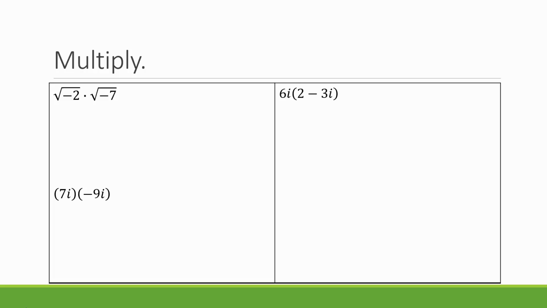In this first example, we have the square root of -2 times the square root of -7. Now, what you cannot do is multiply those numbers as they are and call it the square root of +14. So you have to change those negatives to i squares.